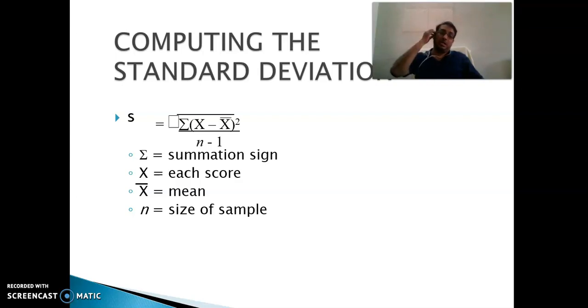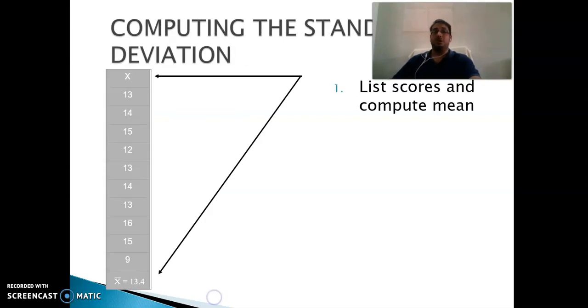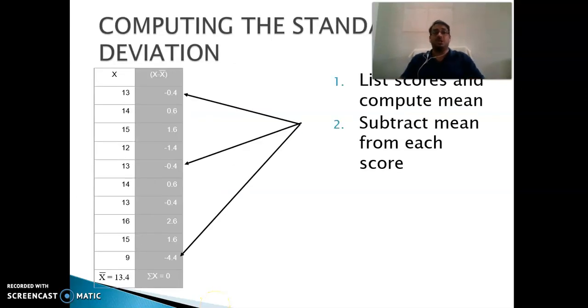N refers to the sample size, x is the score of the variable, and x bar refers to the mean. First, list the scores and compute the mean. In the first column, x refers to the individual score. Then how can we calculate?